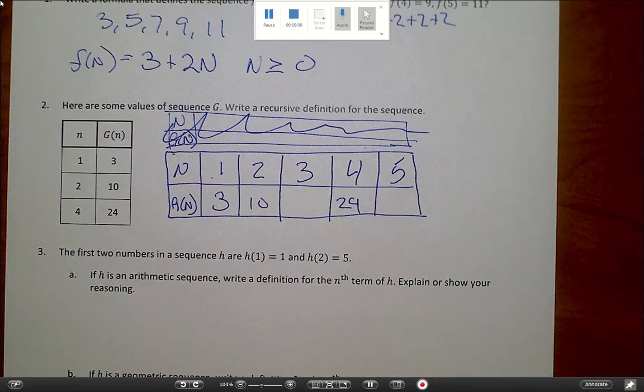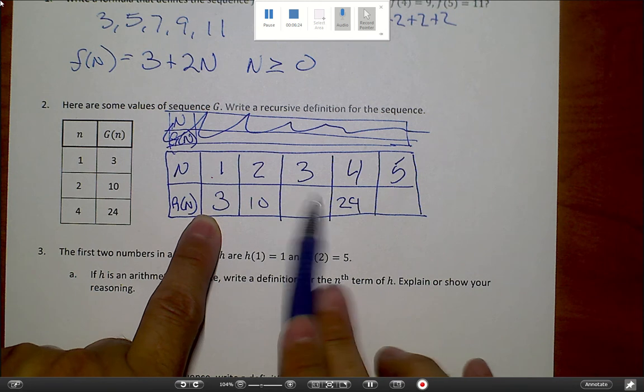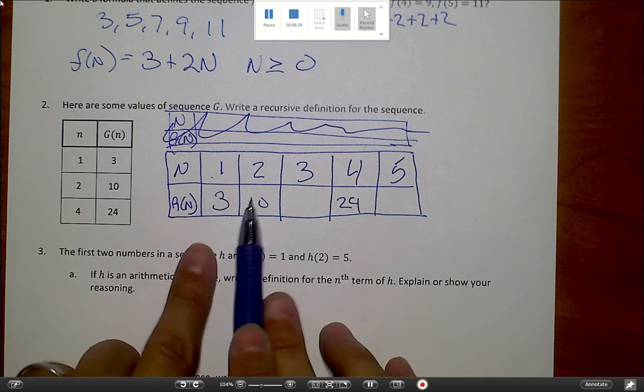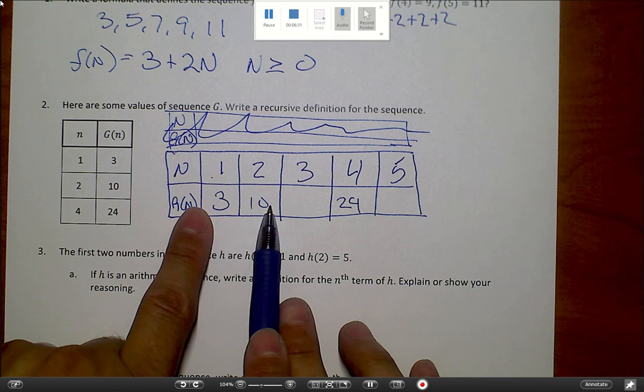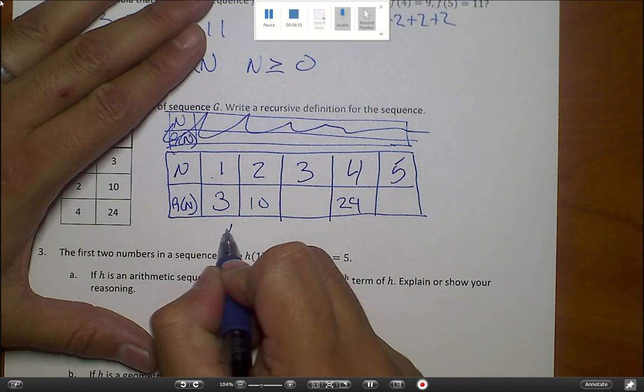Now, this is either going to be arithmetic or geometric. Let's start by checking to see if it's arithmetic. If it is arithmetic, I am adding or subtracting the same number. Since there is a missing term here, that's what I have to look for. It goes 3 to 10, so I'm going to go plus 7 here.